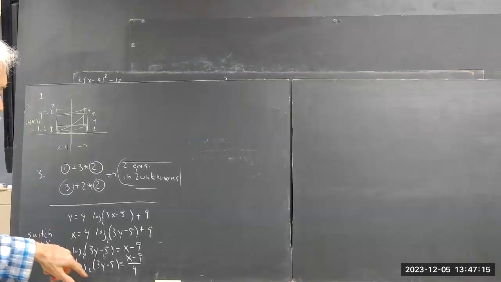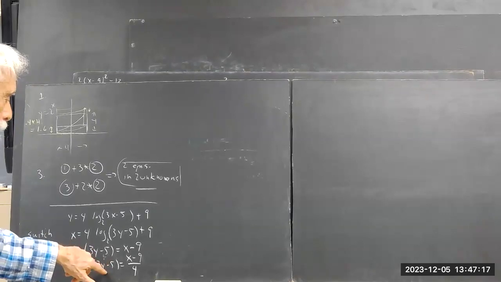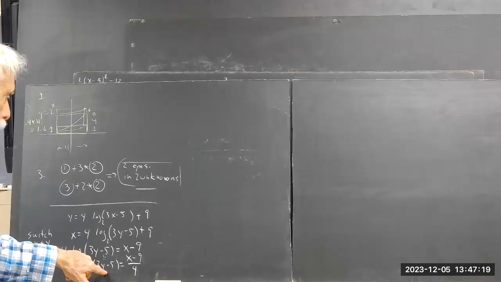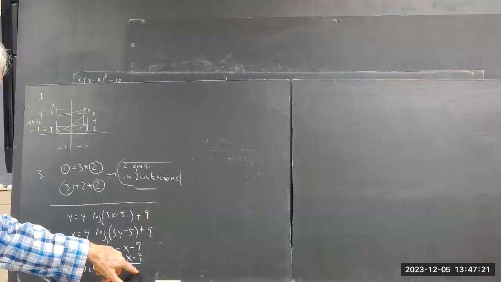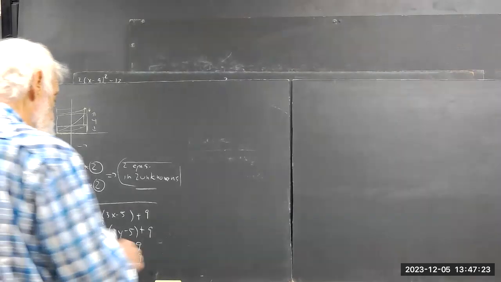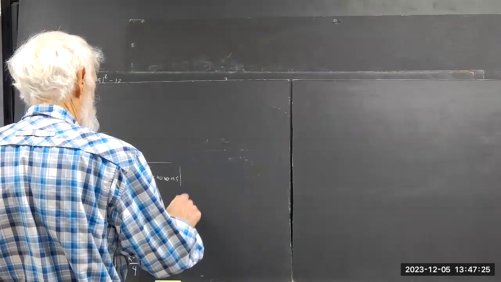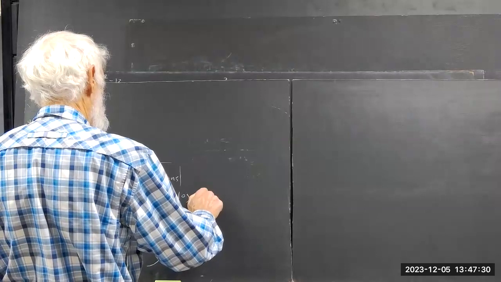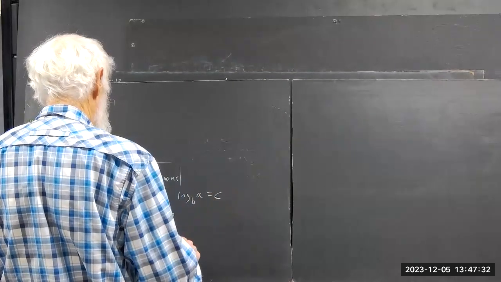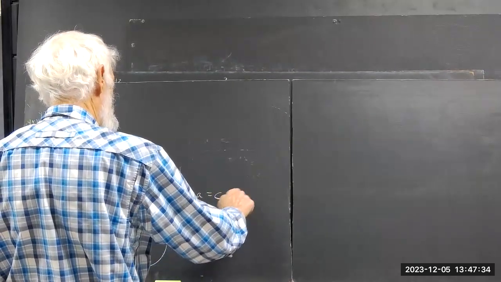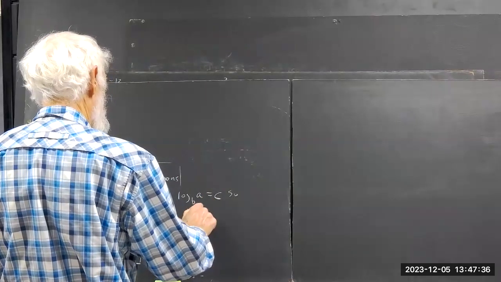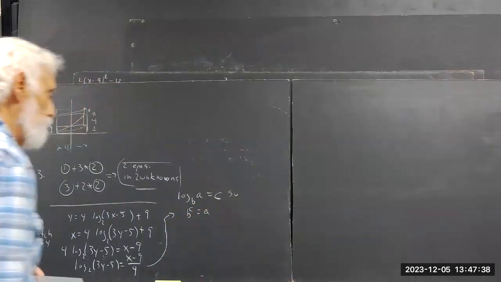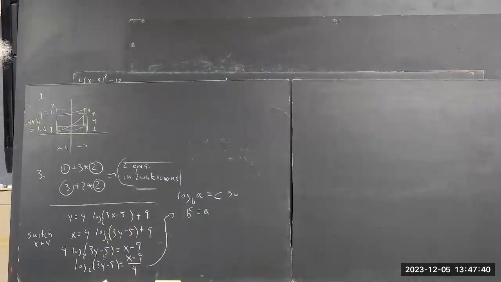So I've got log base b of a equals c, so b to the c equals a.